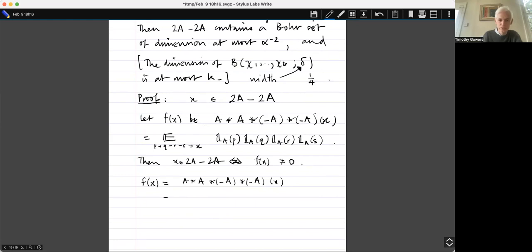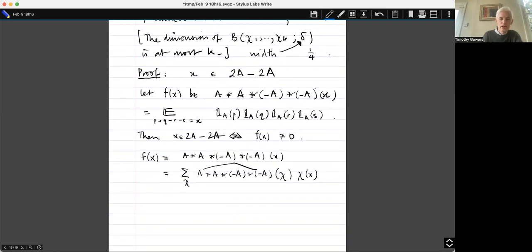And that equals, by the inversion formula, the sum over all chi of the hat of a star a star minus a star minus a at chi times chi of x. And what is the Fourier transform of this convolution? It's just the product of the Fourier transforms. So it's the sum of a hat of chi squared times minus a hat of chi squared times chi of x.